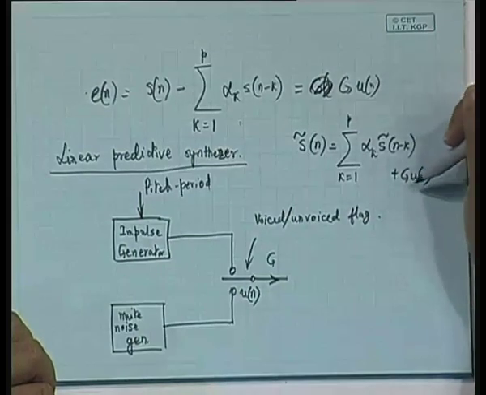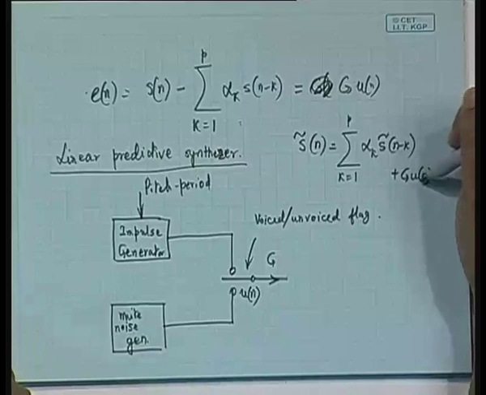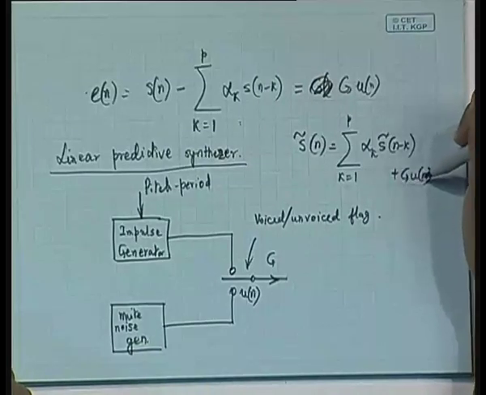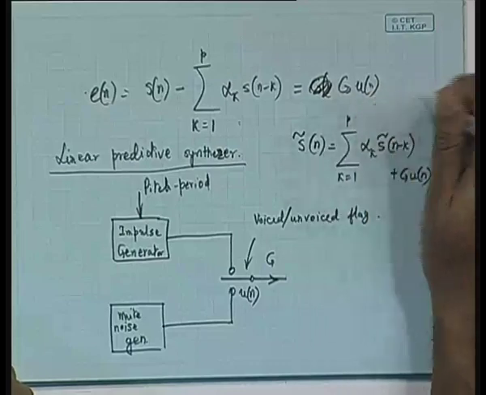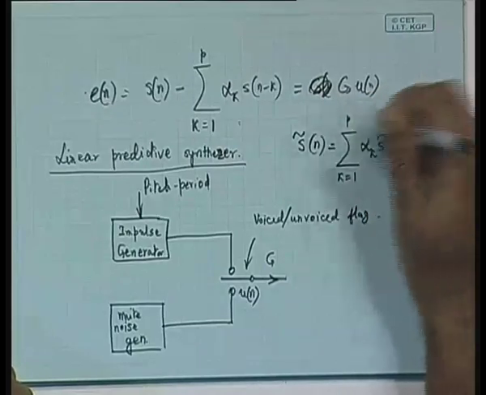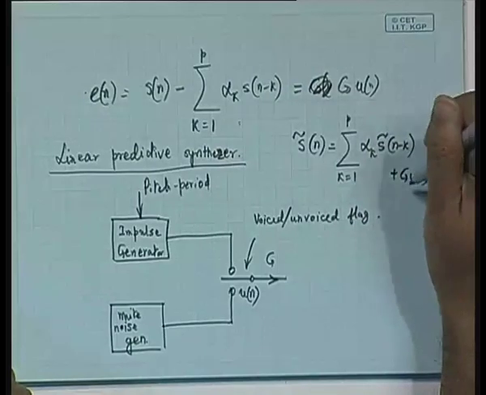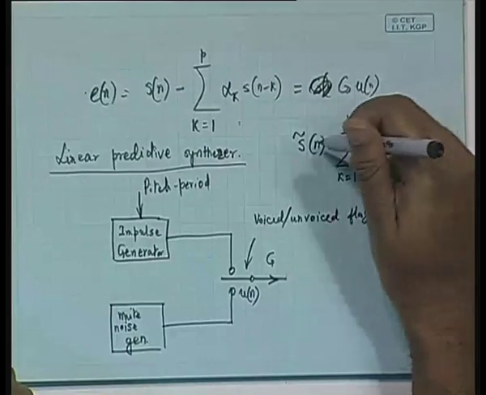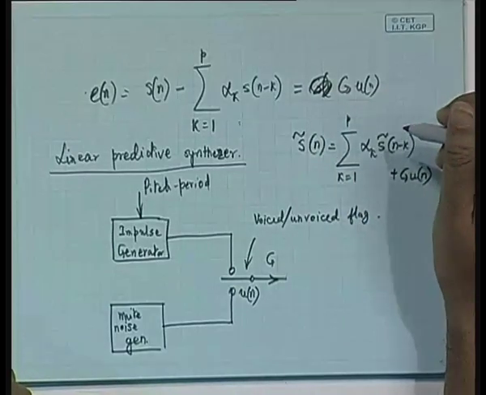So, g into u n, the signal available at this point is g times u n, and that should be added to this. So, this would essentially form our synthesis filter. This added to the synthesis filter would then generate S tilde of n.